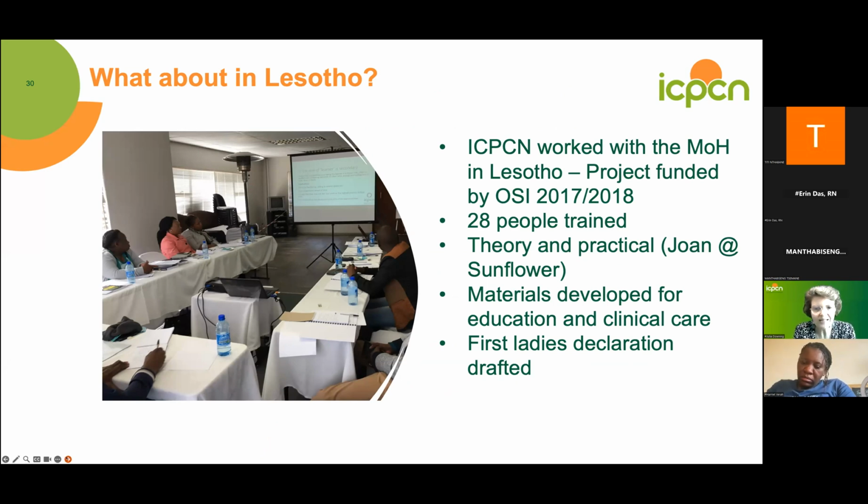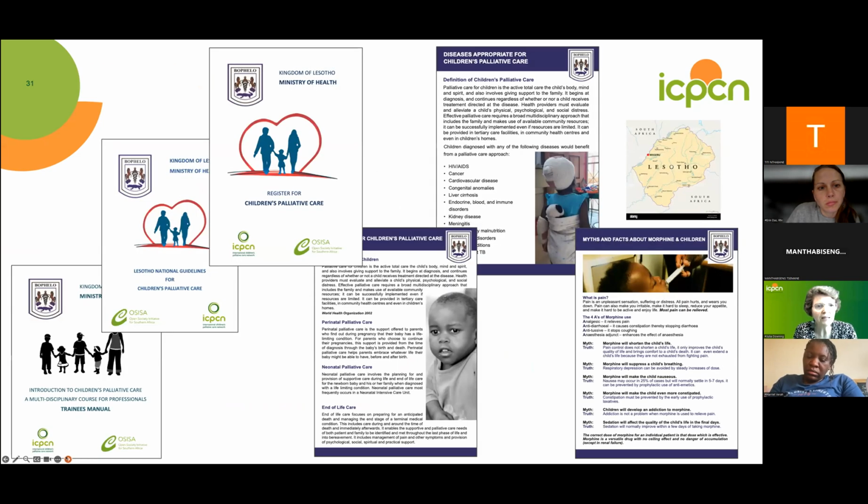There was a First Lady's Declaration drafted, but I'm not sure if it was actually ever published. But there are a range of materials for children's palliative care that have been developed with the Ministry of Health, and we can ensure those are available if you haven't got access to them.